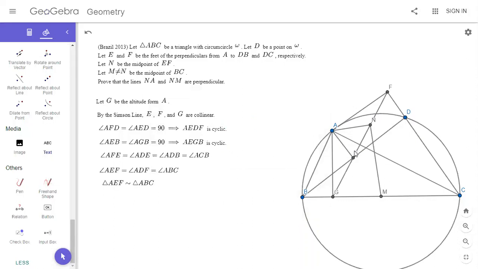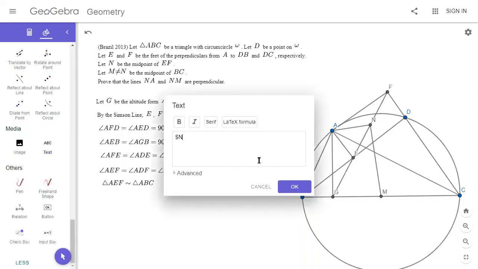N is the midpoint of EF and M is the midpoint of BC. So N corresponds to M in those 2 triangles.